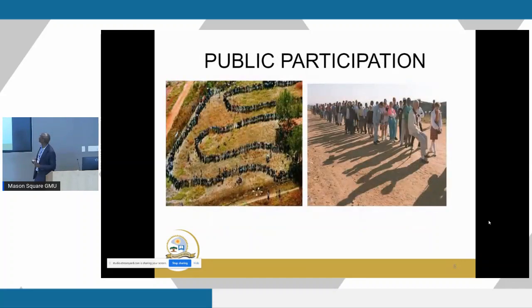In 1994, there was this big public participation in terms of voting. You all know that in maturing democracies, the percentage of people who vote is very low. But in 1994, you can see those long queues of people going to vote. We were both white and black, excited about the change that was coming.